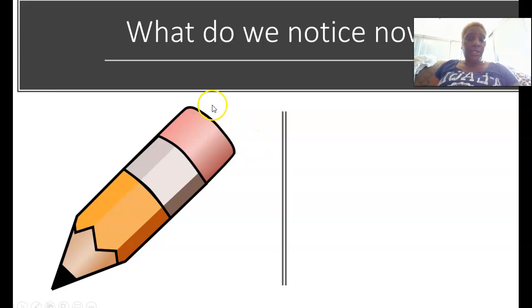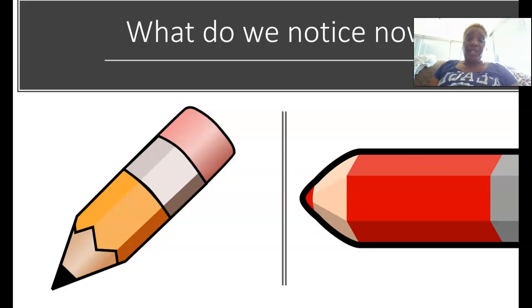Now, what do we notice? We have a pencil, and we notice that it's a little pencil, right? And we notice that it has some yellow on it. So now let's look at another object. We're going to see if it's the same or if it's almost the same. All right, friends, so now we have another pencil. So that's something that's almost the same. But we do notice some differences, right?